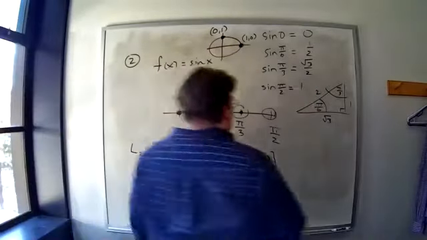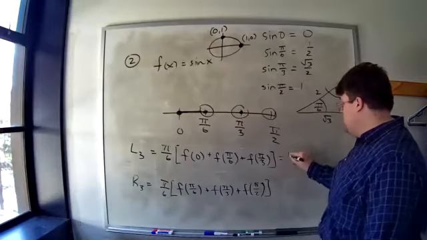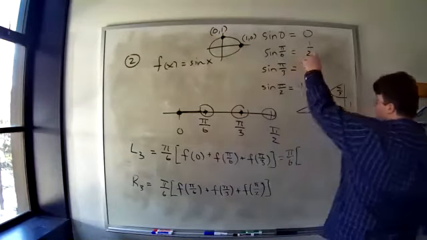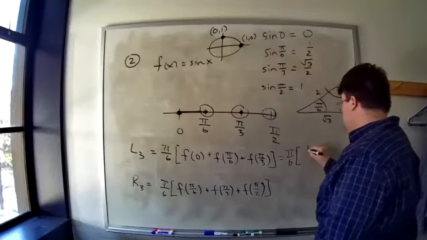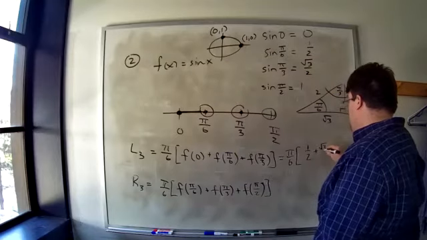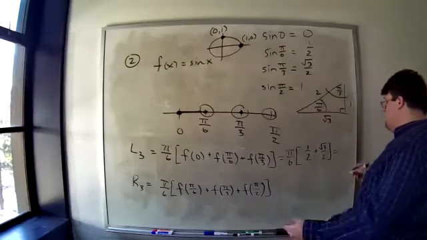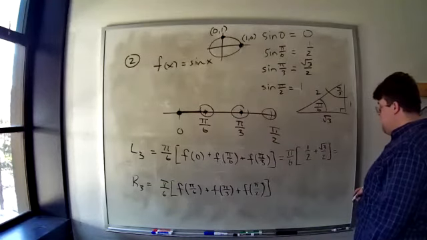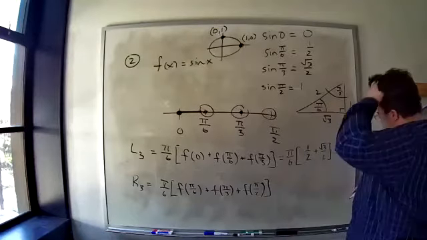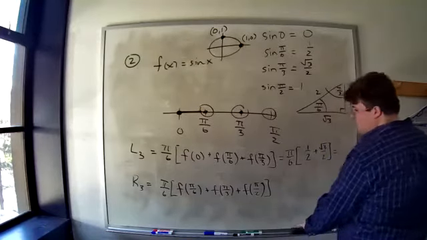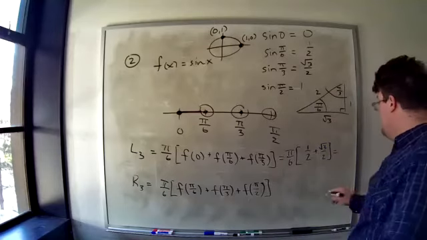So for this, what do we get? Pi over 6 times what? 0 plus 1/2 plus √3 over 2. What is that? How simplified do I want this? You could leave your answer. I don't have much room.